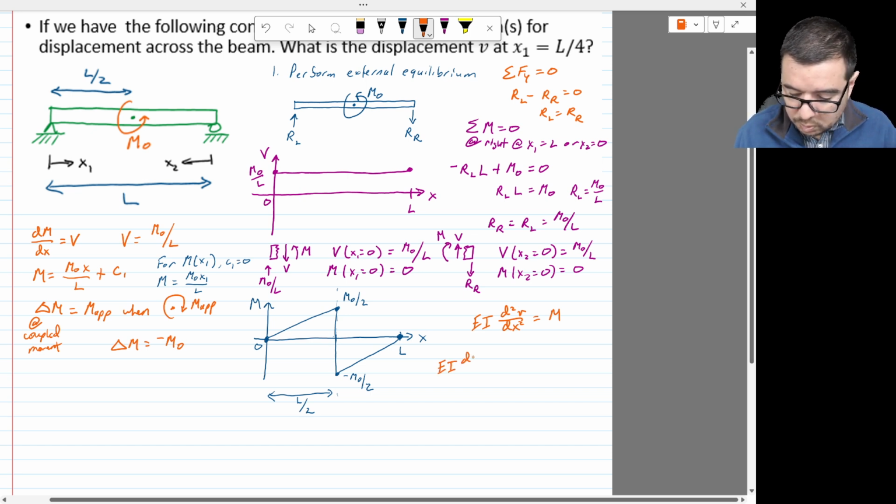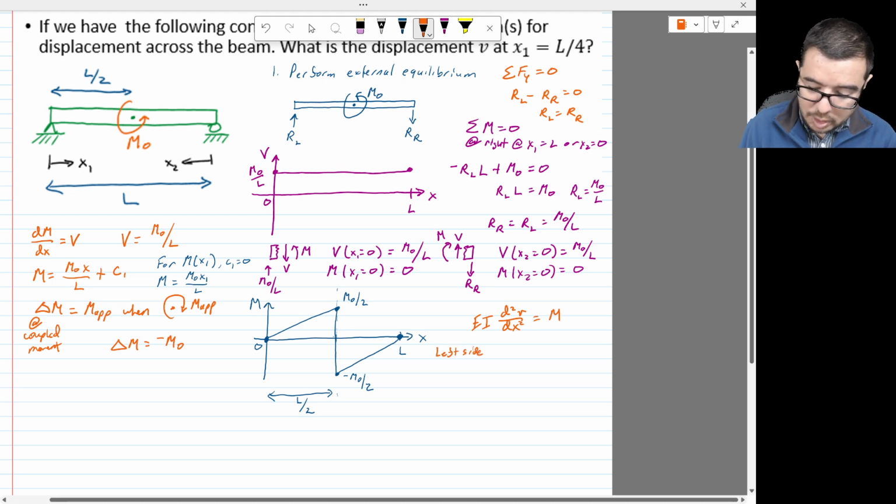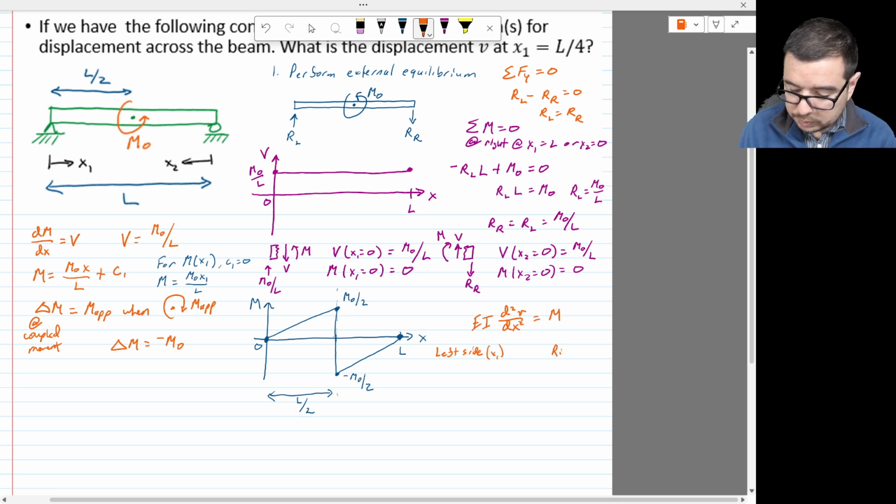And maybe we should do left side and right side if we want. There are multiple ways to do this, but let's say the left side will be in terms of x1, and the right side will be in terms of x2.